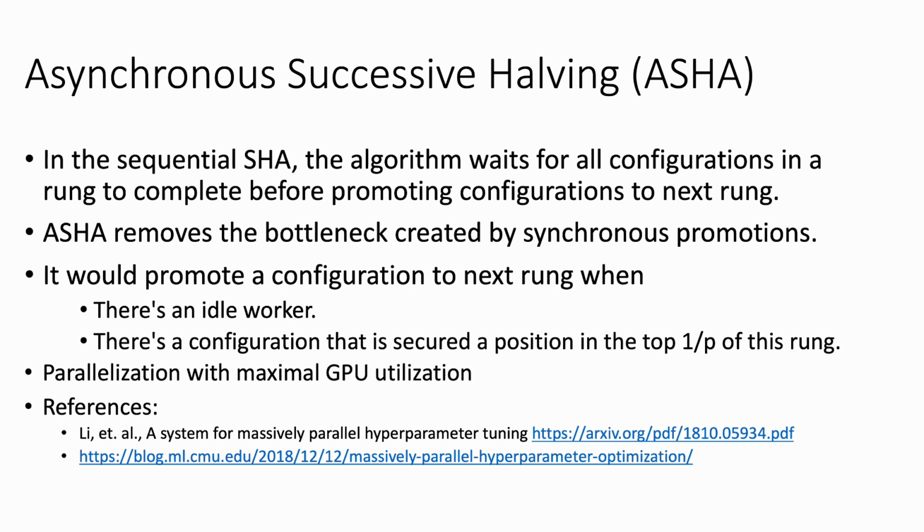ASHA, on the other hand, removes this bottleneck by allowing asynchronous promotions. The idea here is to promote a configuration to the next run when there's an idle worker or when a configuration has already secured a position in the next run. And this approach ensures parallelization with optimal GPU utilization.